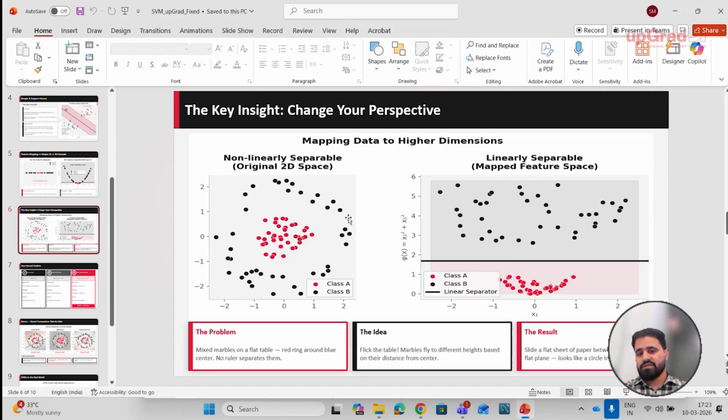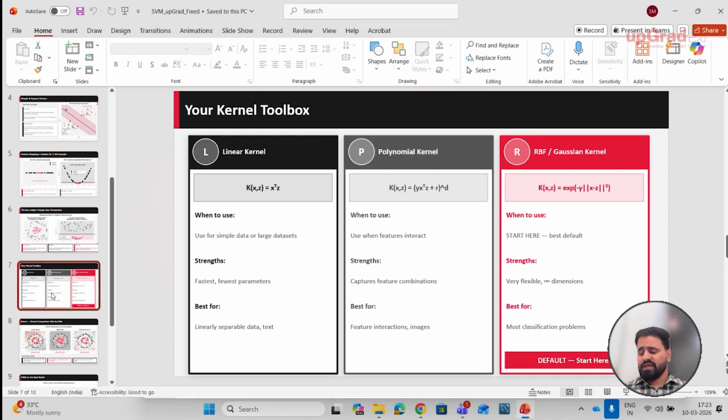Again, you can see it was a 2D image, and now when I apply the kernel trick, it has transformed it from 2D to a higher dimension, which is a 3D one. So it is very flexible. It is used when we have complex classification problems. We use the radial basis function.